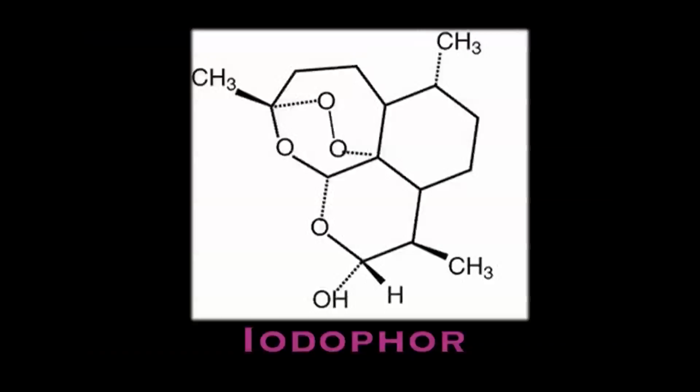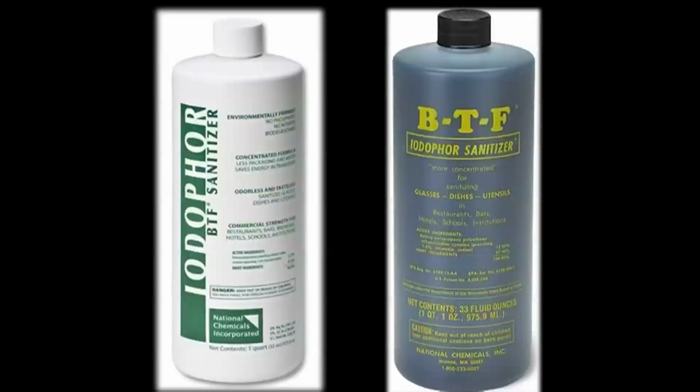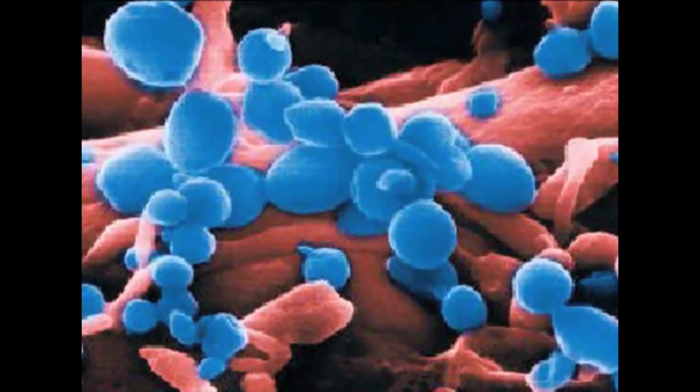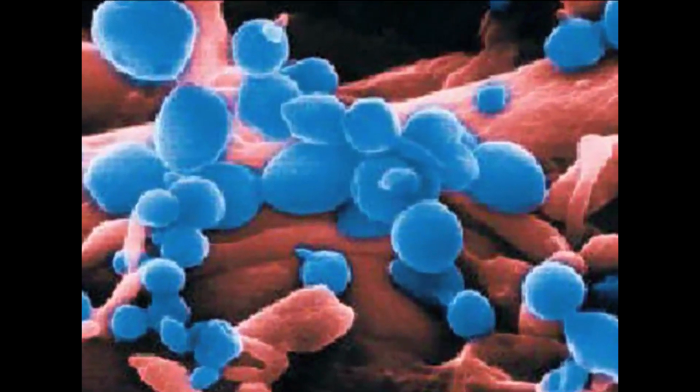What is the function of iodophore? Iodophore comprises not only iodine, but also a detergent or organic part. This organic part helps in loosening the microbe from the surface where it is toughly attached. Once the microbe is loosened, it becomes easier for the iodine to execute its killing action.